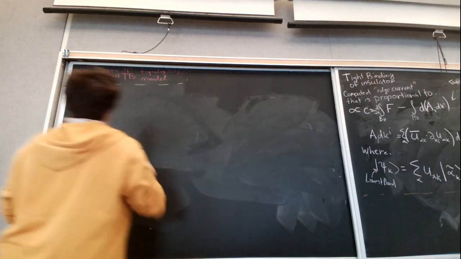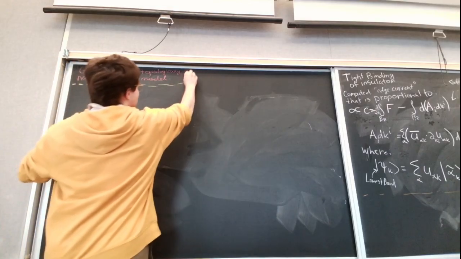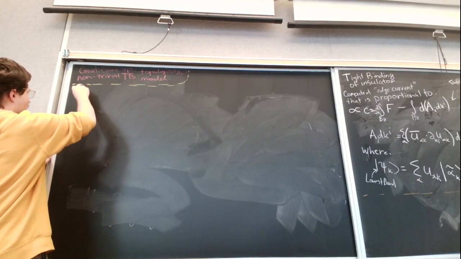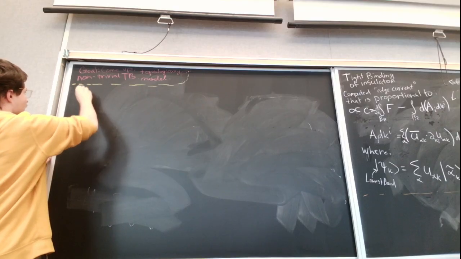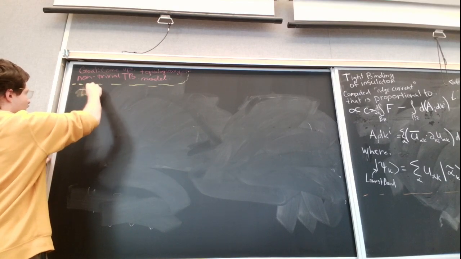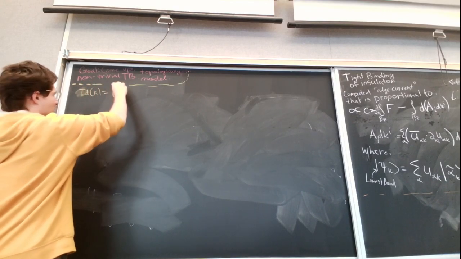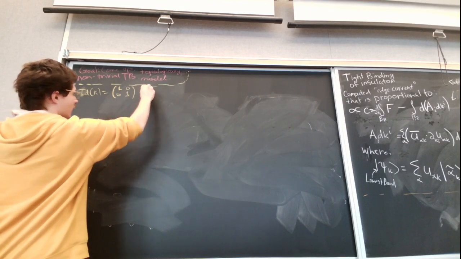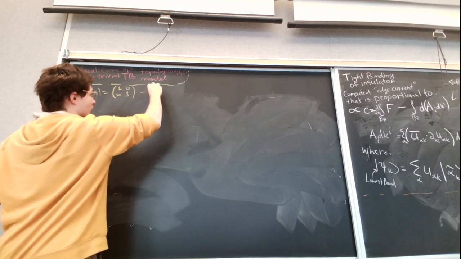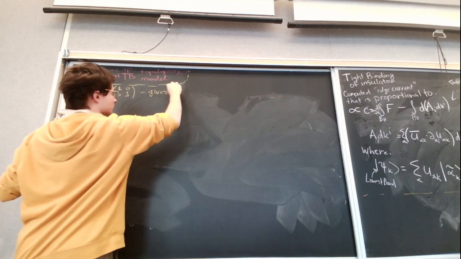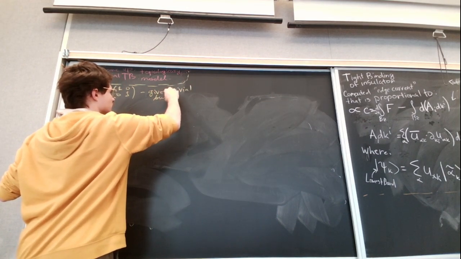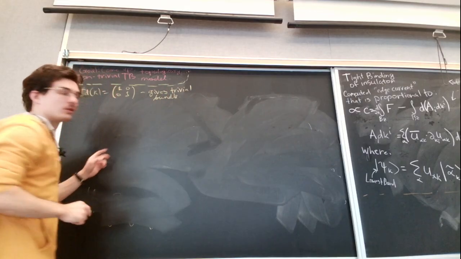So, some facts. If I had the identity Hamiltonian, H of k equal to 1, 1, 0, 0, this kind of Hamiltonian, this gives a trivial bundle. Do you agree?